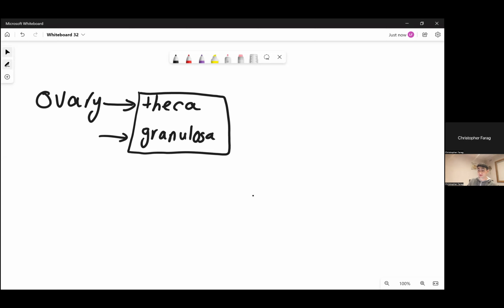Really quickly, not the topic of this video, but we know the theca cells can make testosterone, but in the lack of aromatase activity, they can't make estradiol. It gets transferred to the granulosa cells, which lack other enzymes that can't actually get to the progesterone precursors, but they do have the aromatase, so they can take the testosterone from the theca cells and convert it into estrogen. All right, so the net effect is just estrogen production.